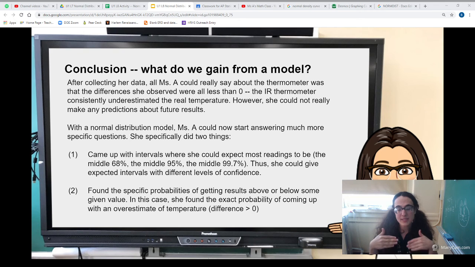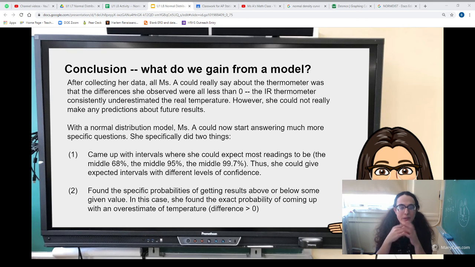So we could say there was a 99.65% probability of an underestimate, and a 0.35% chance of an overestimate. The first one is differences less than 0, the second one is differences greater than 0. And this works for a lot of different things, as we're going to see in the lesson activity, which we will be doing in class together, or which, if this is in the future, you might be making up on your own.